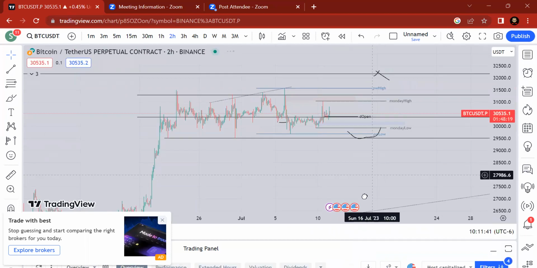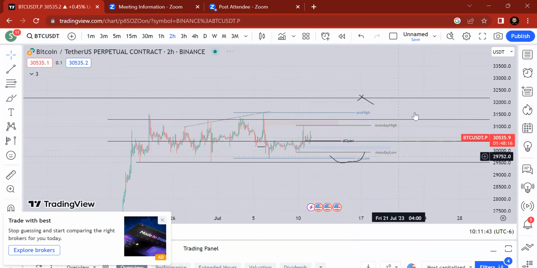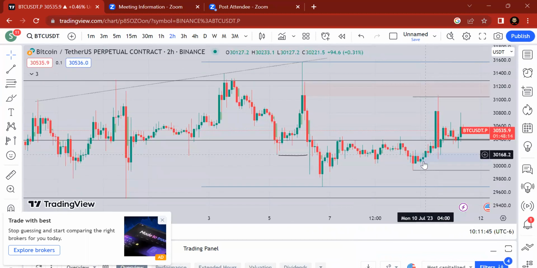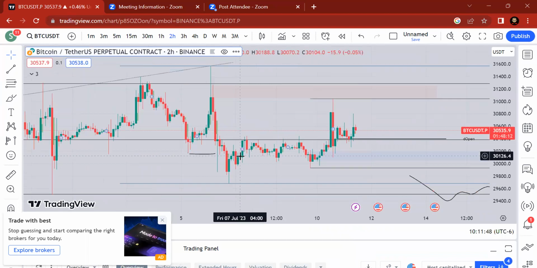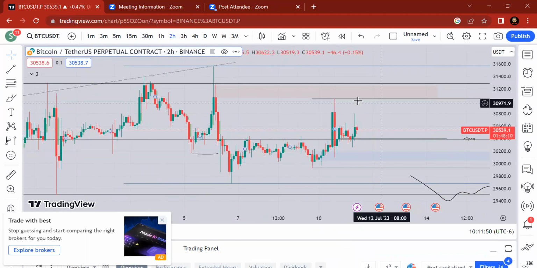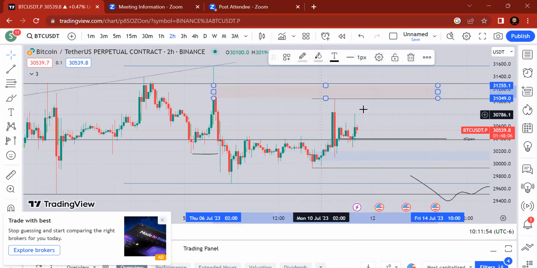setup to form. So that is on higher time frame what I'm looking at, and on lower time frame, if price comes out here, we have confluences of H1 order block here, a supply zone it is. Monday high is also here. 2-3 confluences we got here.